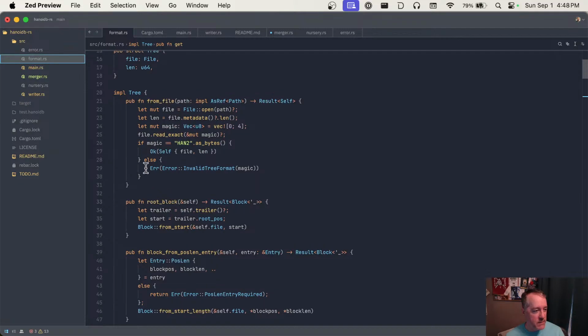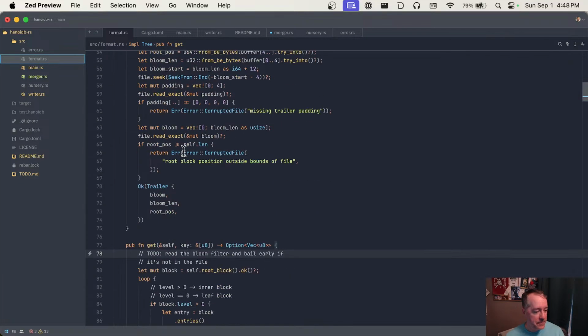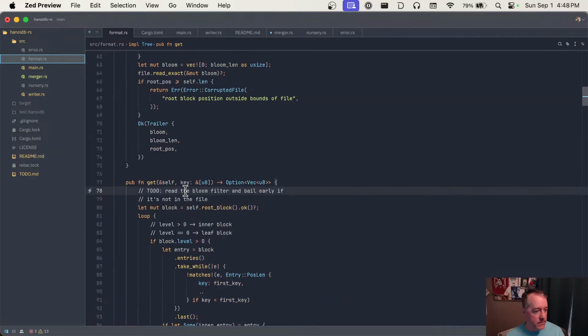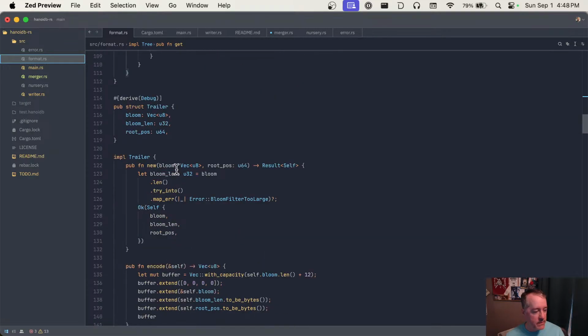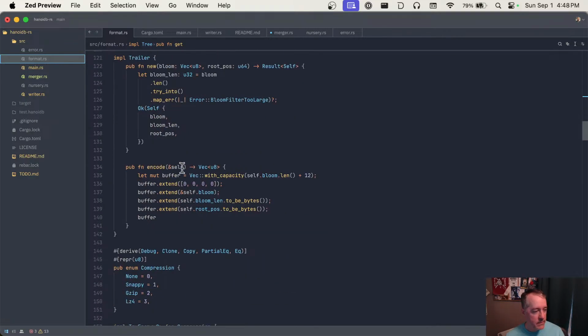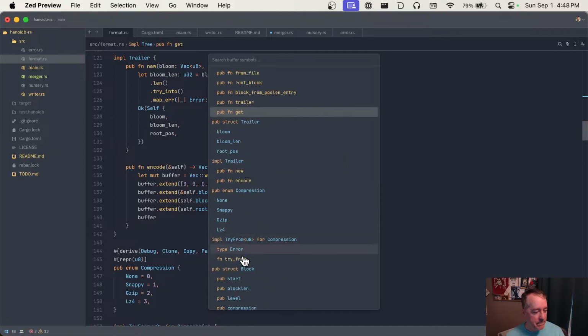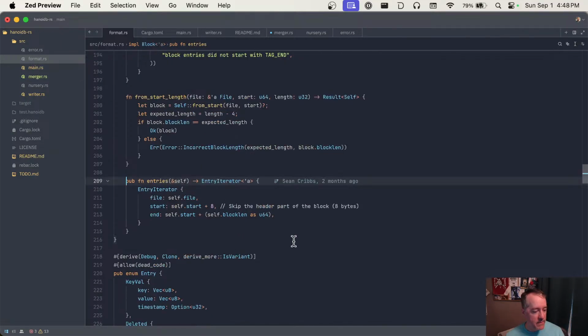Maybe it's, I don't know that we ever, so we have an iterator over blocks, but we don't have an iterator over the entire tree.